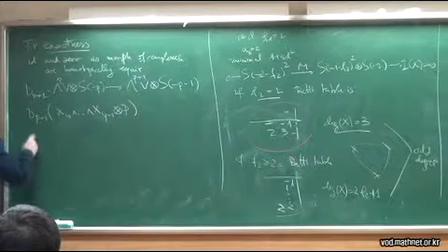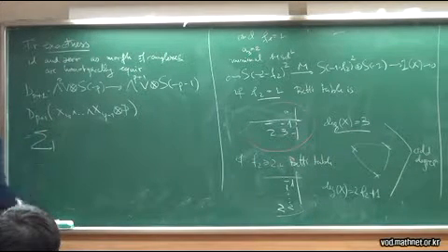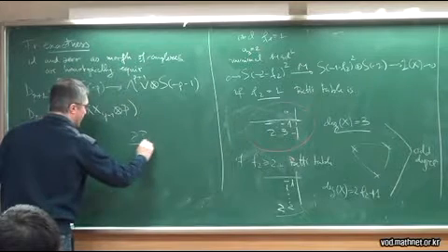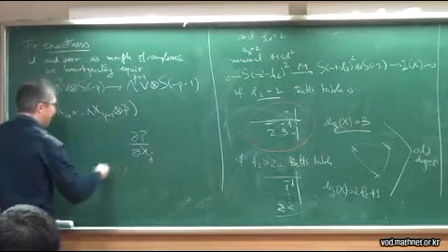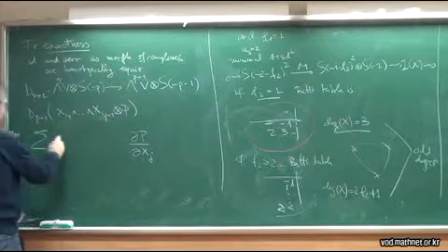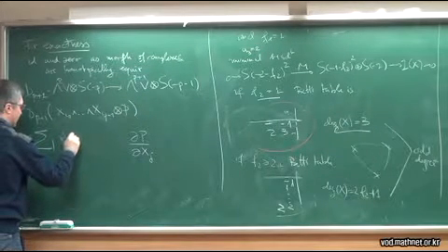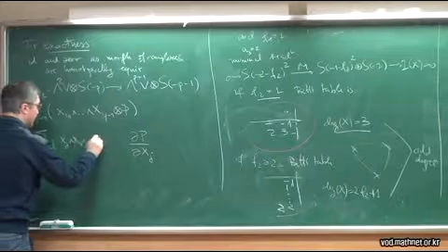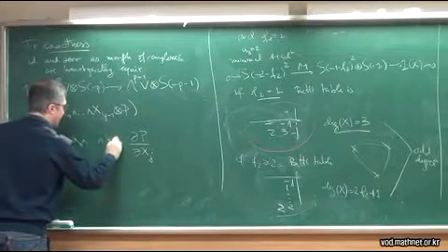So we have to sum dp over dxj, and we just add this xj here at the beginning: xj, xi0, ..., xi(p+1).